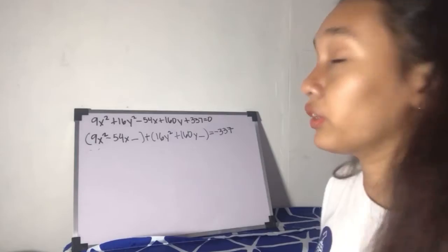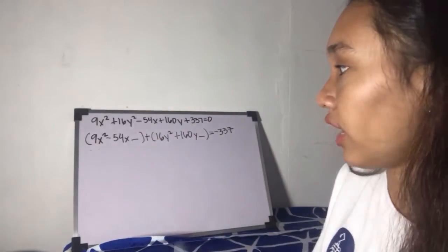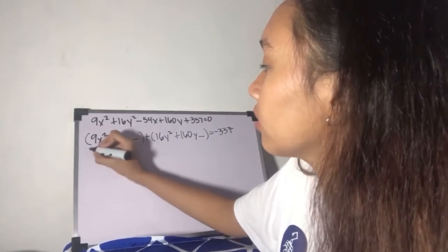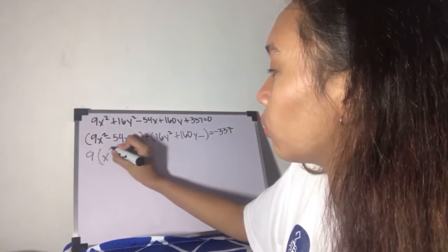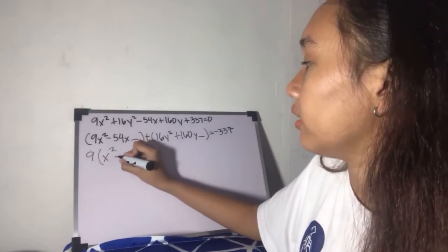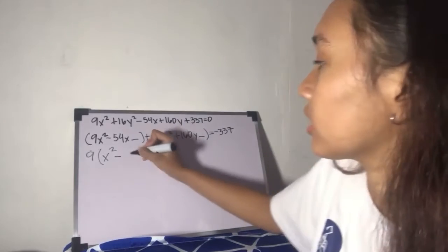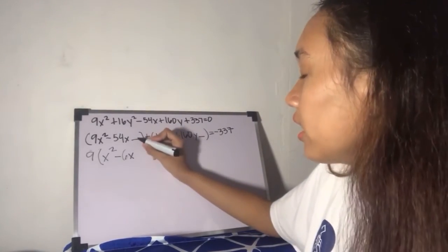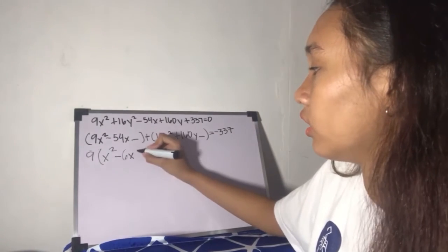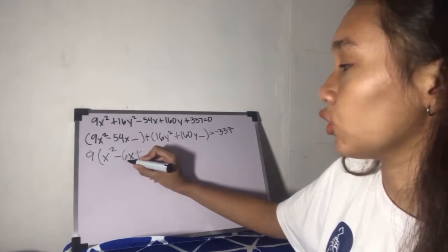The next thing that we are going to do is to factor out the 9 and 16. To do that, we are going to have 9 times x squared minus 54 divided by 9 is 6. And to fill the blank here, we are going to divide the middle term by 2 and then square.